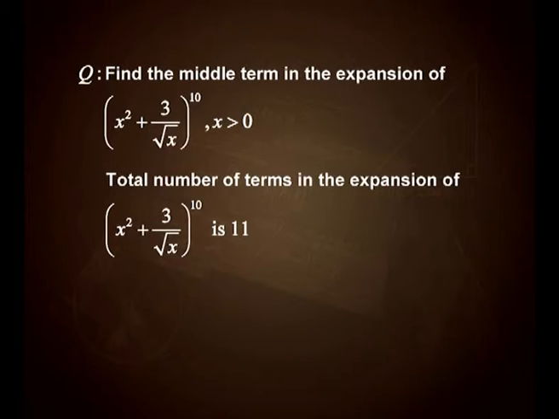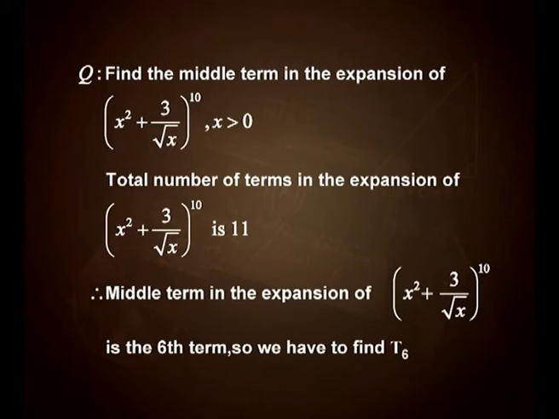If there are 11 terms, the middle term will be the 6th term. So, in other words, they are asking us to find the 6th term of the expansion. So, that is just a little twist in the problem and we are ready to go. So, we are looking at 11 terms in the expansion, middle term is the 6th term. So, we have to find T6.